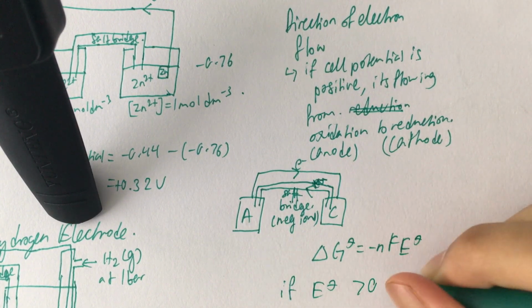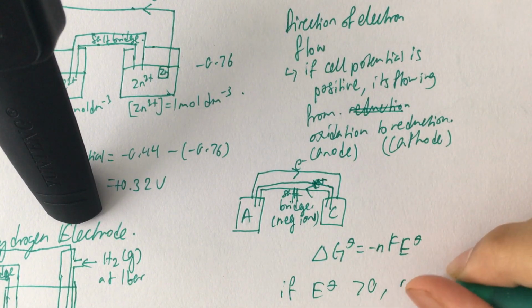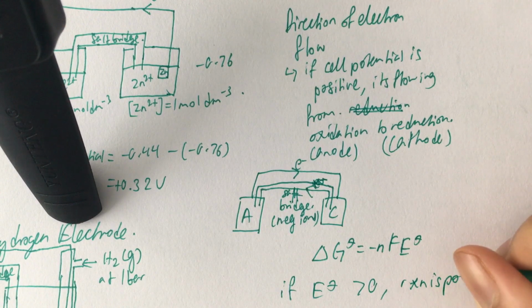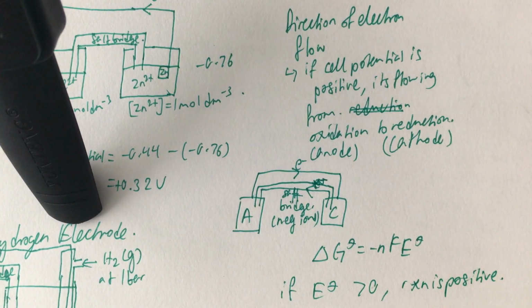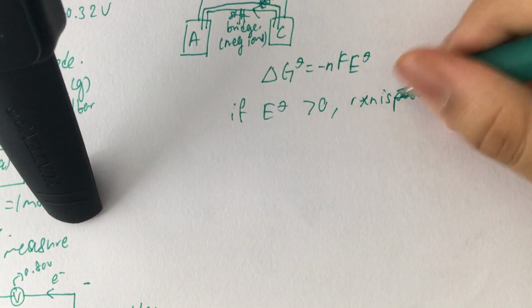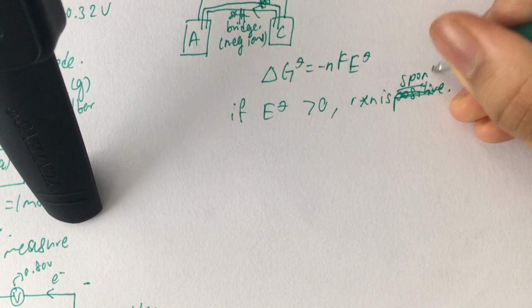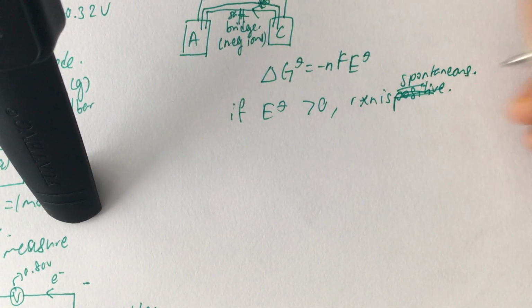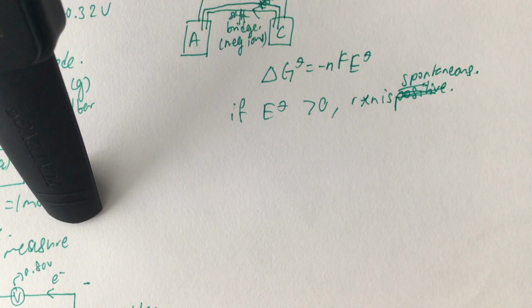Delta G has to be negative to be spontaneous, but E has to be positive for it to be spontaneous. So if it's positive, then the reaction is spontaneous. If it's negative, it will not be spontaneous. So the cell potential has to be positive for that. We'll look at the equation when the learning outcome comes, because it's two or three learning outcomes later. Anyways, to predict the spontaneity, just look at whether it's positive or negative.